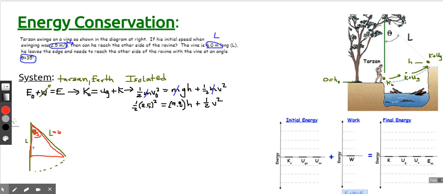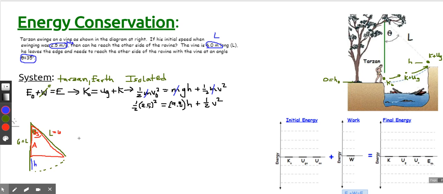And so I think we could solve for this adjacent side, and we know that this length right here is going to be still 6. This vine's 6 over here, and it's also 6 over here. And I think we can find our height right here. Let me just show you how you do that.